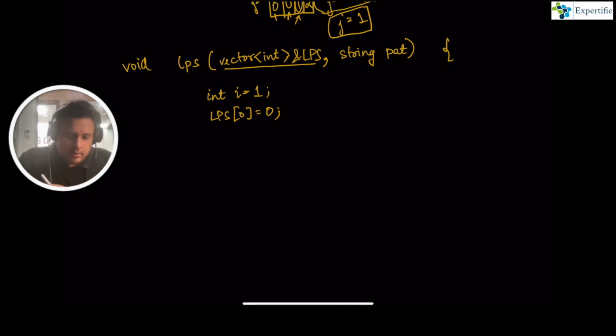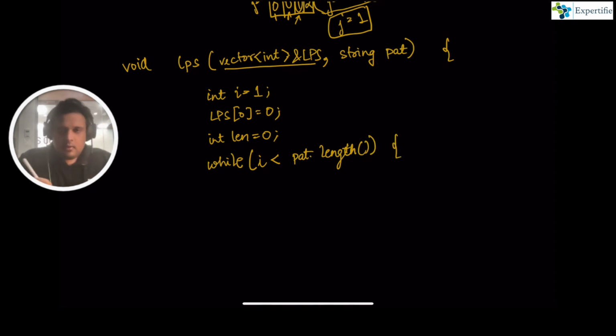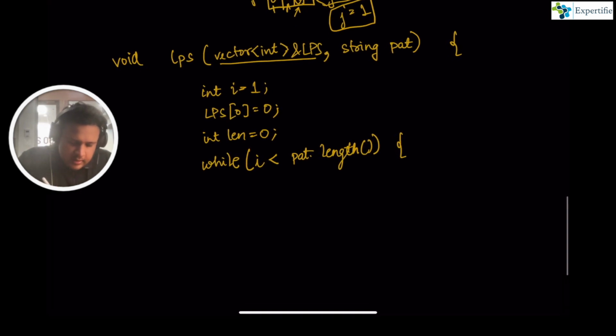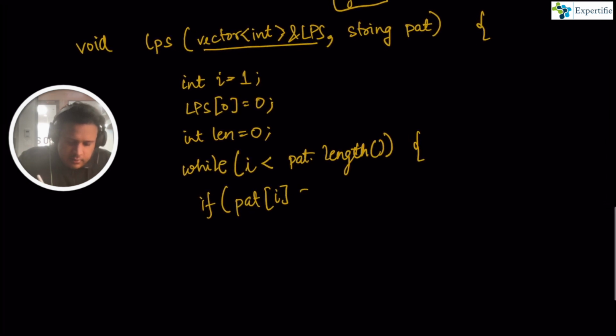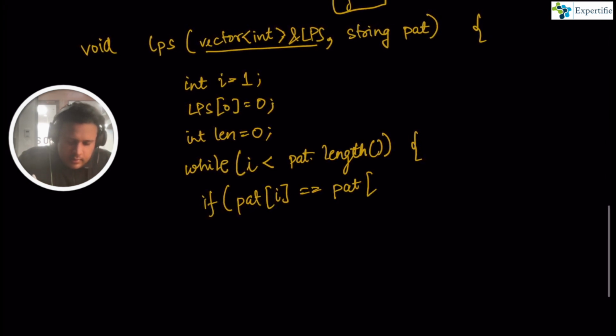That's the first step. Then what do we do? We have another iterator, length, equal to 0. And now while I is less than pattern dot length, we do something, and that something is we basically check if pattern I is equal to pattern length.